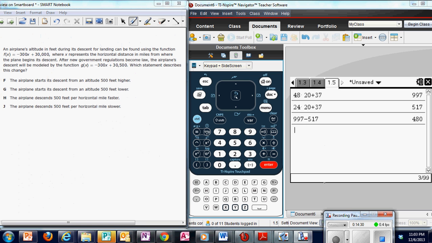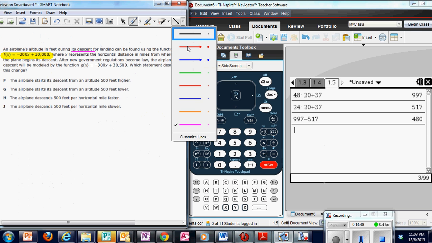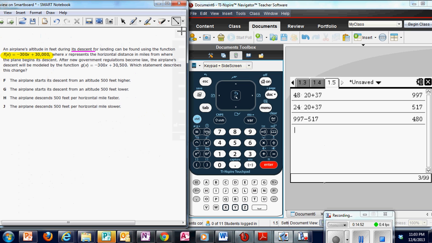Next, an airplane's altitude in feet during its descent for landing can be found using the function f of x equals negative 300x plus 30,000, where x represents the horizontal distance in miles from where the plane begins its descent.